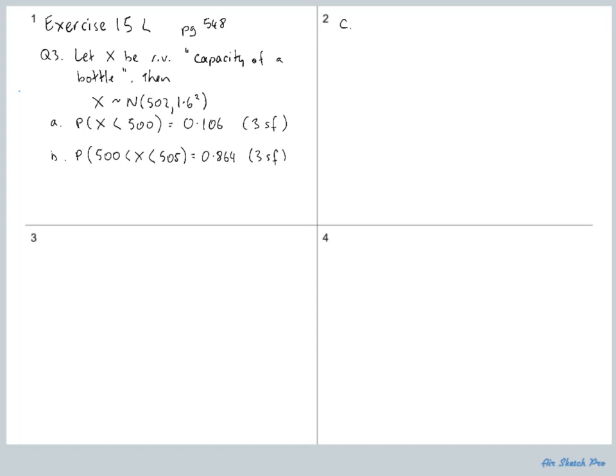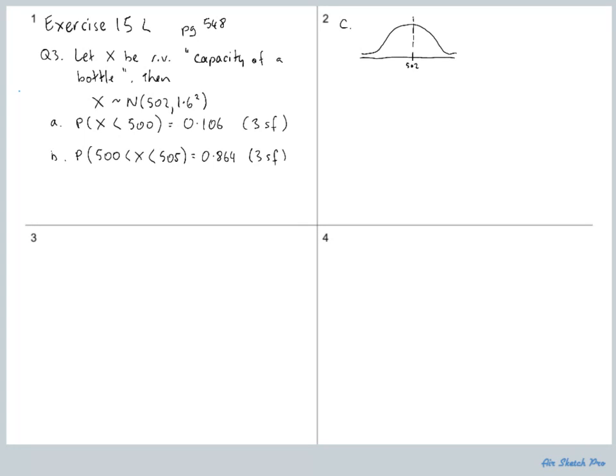So if I just draw that diagram first, there's the mean there, which is 502. Just double checking that from the information given. We're told A and B are symmetrical about the mean. In other words, they're the same distance away from the mean as each other.